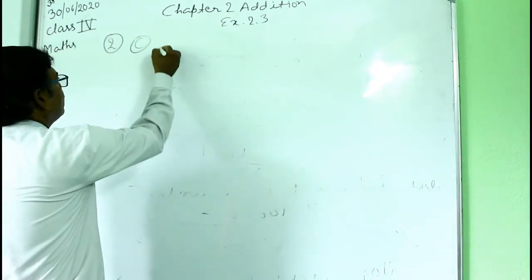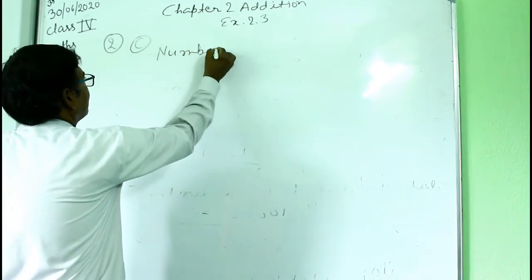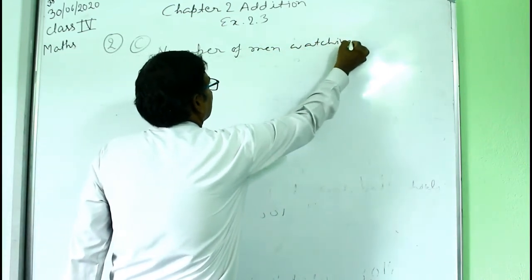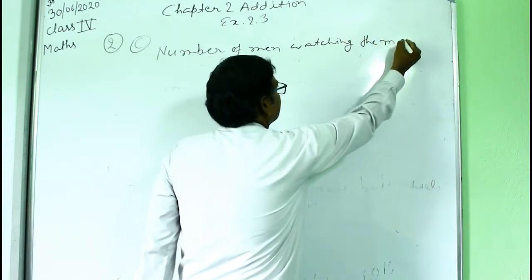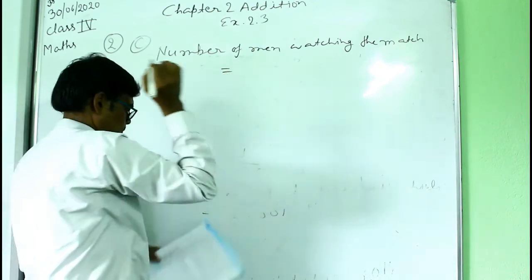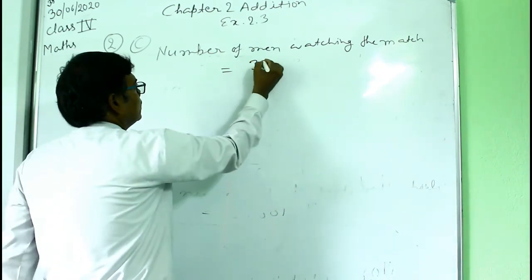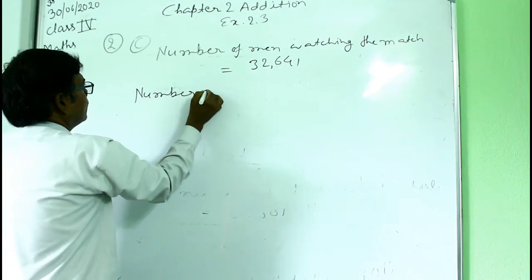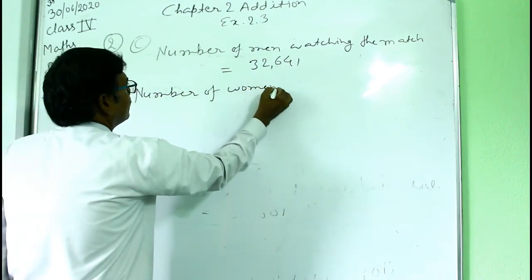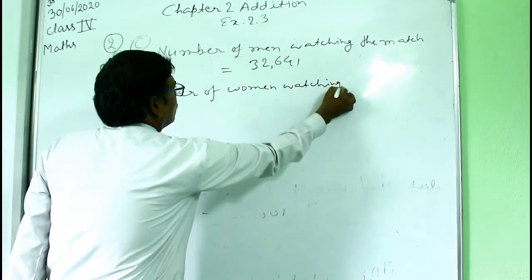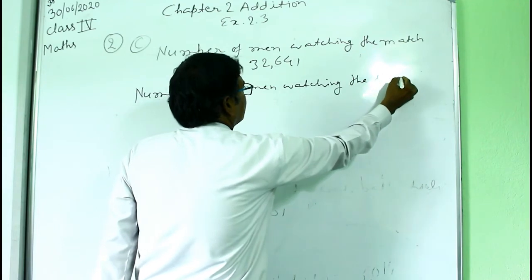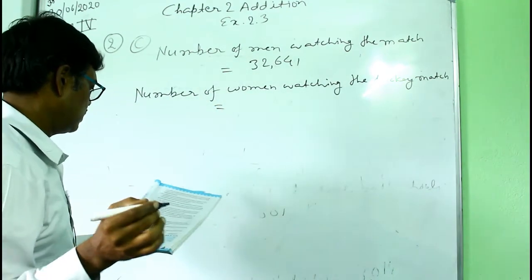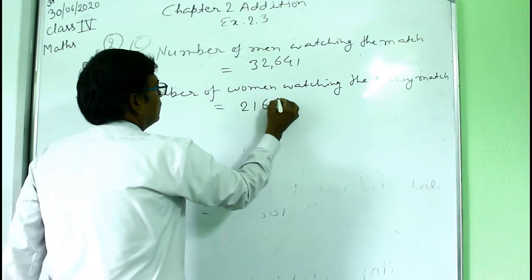So here number of men watching the match equal to 32,641, and then write number of women watching the hockey match equal to 21,645.